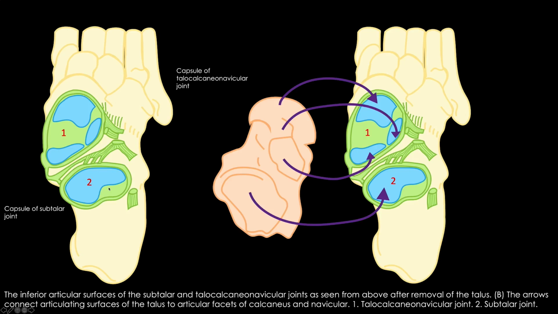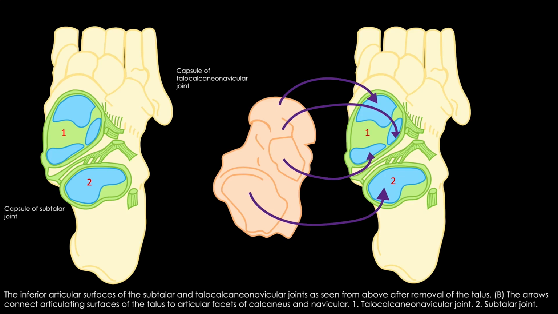Now this talo-calcaneonavicular joint is a complex ball and socket type of joint. You can see that this is formed here, and this joint also helps the subtalar joint in bringing inversion and eversion.